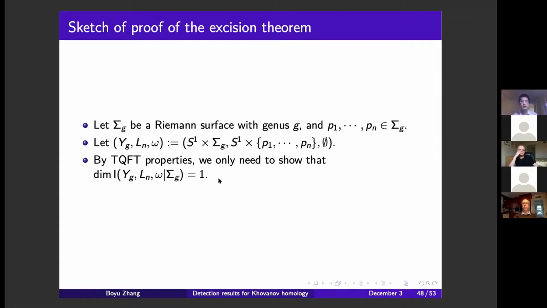But in our case, at least so far, we don't know how to compute the complete structure of the instanton Floer homology group of this triple. There's some coincidence that happened so that we were able to compute the dimension of the top eigenvalue space without knowing what's happening with the other eigenvalues.